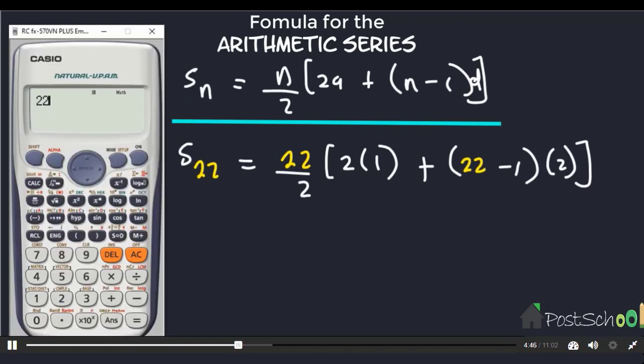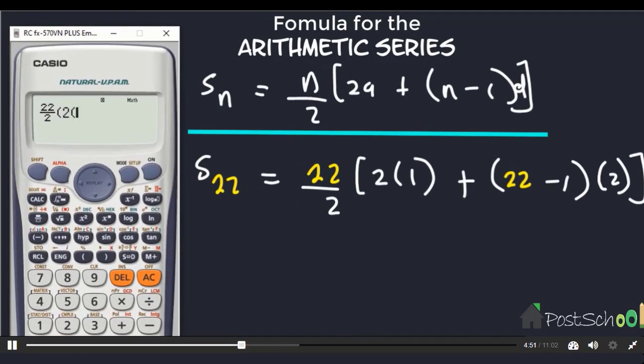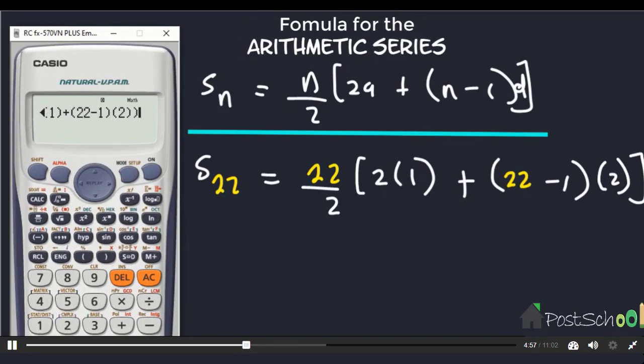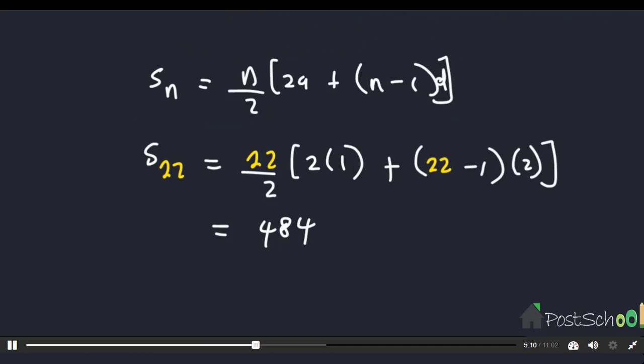This is going to be 22 over 2, brackets 2 times 1, plus 22 minus 1 times 2, close brackets. That's going to be 484. Alright, so that's how we can easily calculate the sum of the terms just using the formula.